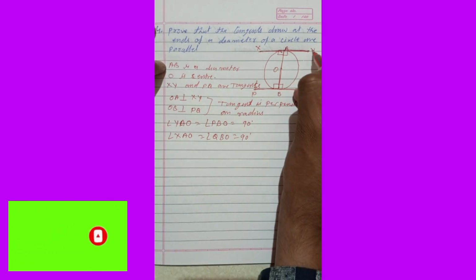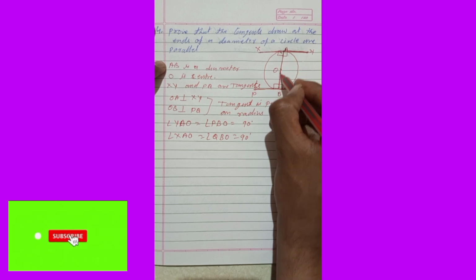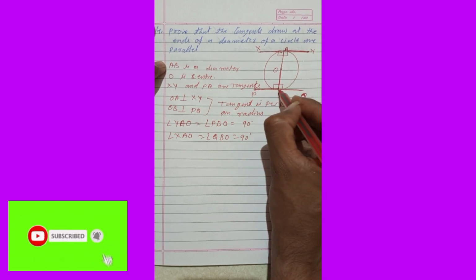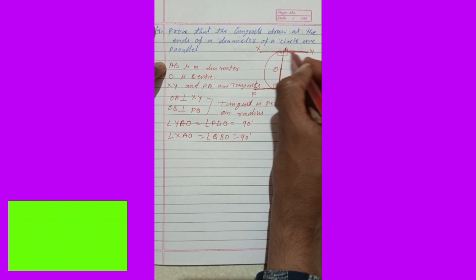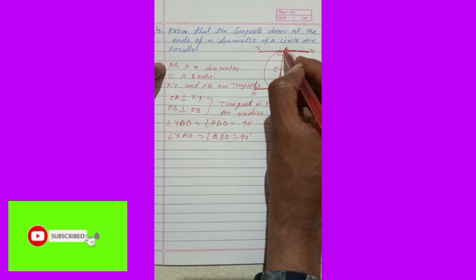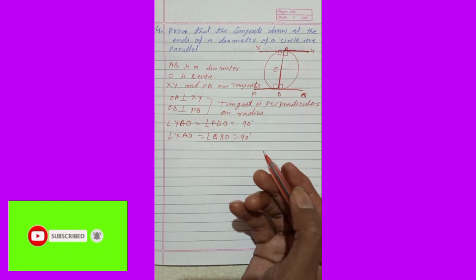Now if these angles are equal, they are alternate interior angles of a line, then the lines will be parallel.